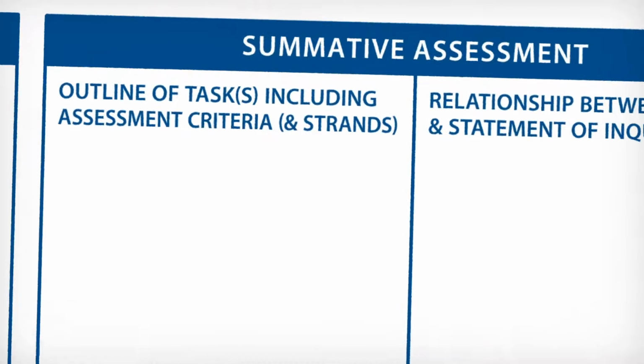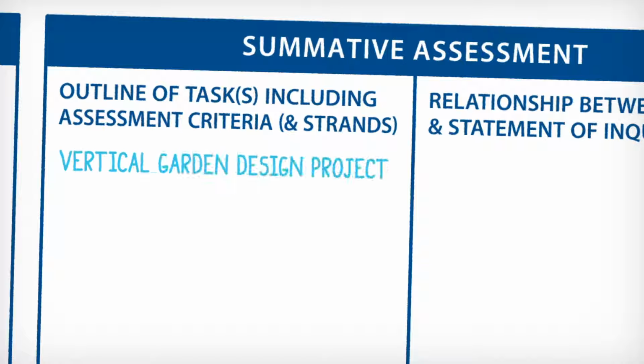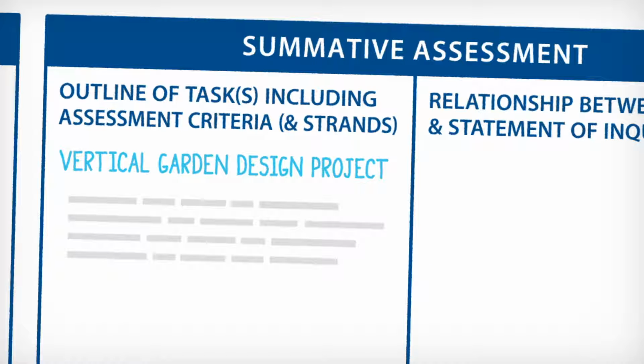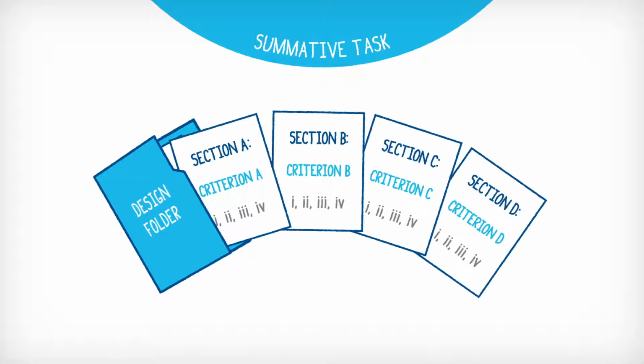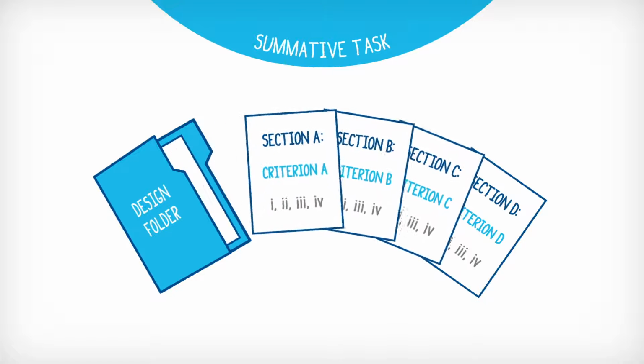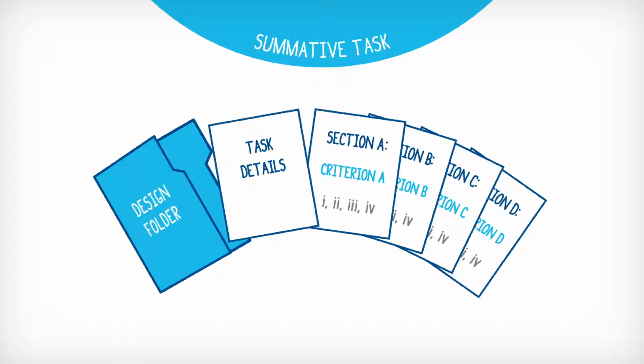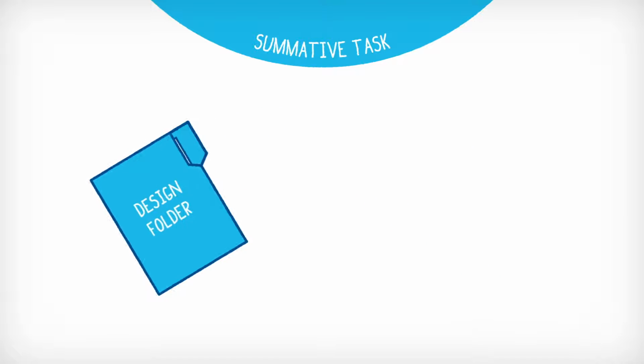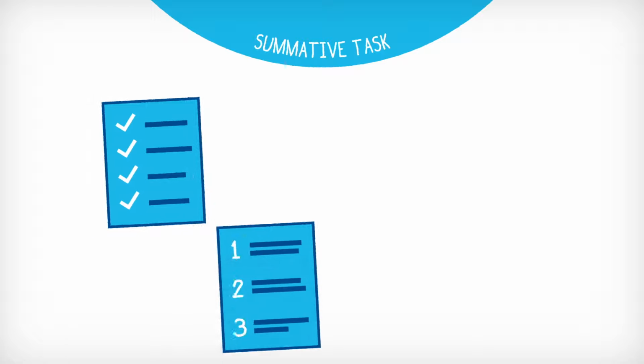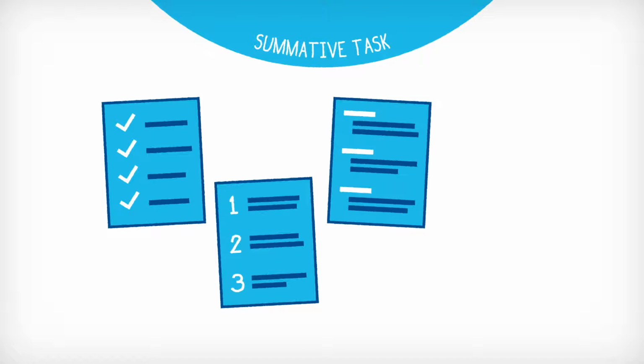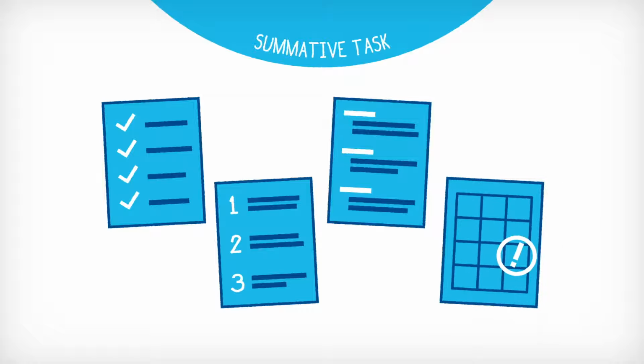The description of the task should include its title and an outline which includes a clear description of what students will do in the task and clarification of the criteria and strands that will be used to assess each part of the task. Additional task details might be identified here or in a separate task sheet that is provided to students. These details might include specific requirements or instructions for the task, definitions of command terms, or due date reminders.